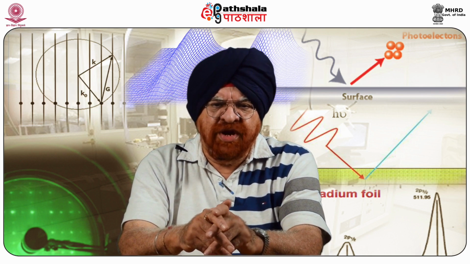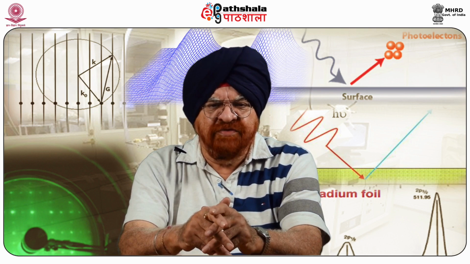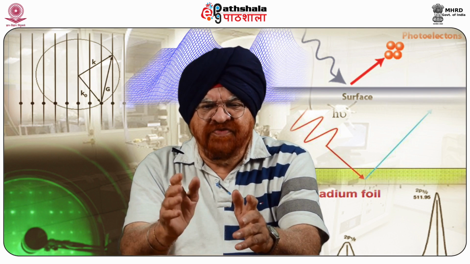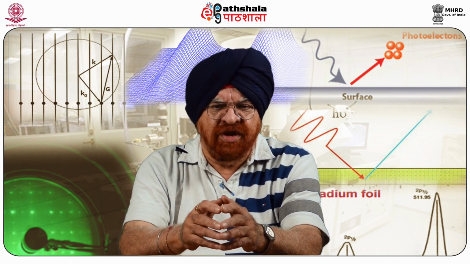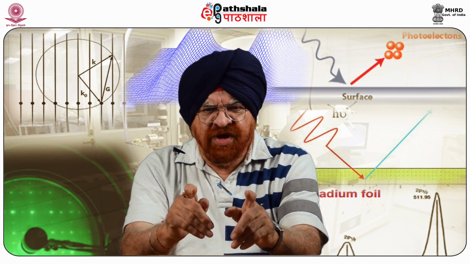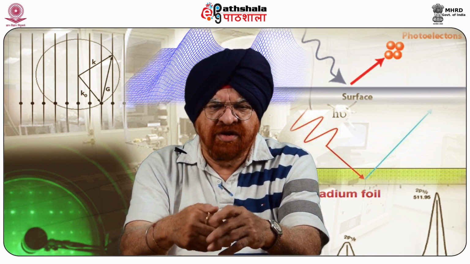XPS spectra are obtained by irradiating a material with a beam of X-rays while simultaneously measuring the kinetic energy and number of electrons that escape from the top 1 to 12 nanometers of the material being analyzed, which is a very small range. XPS requires ultra high vacuum conditions for proper operation. That is why we always say that if the vacuum lining is not proper, vacuum may leak and you will never ever be able to get the correct results.